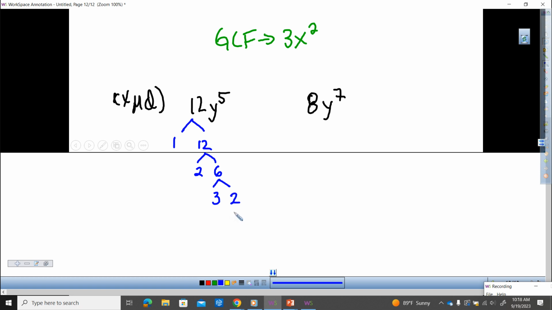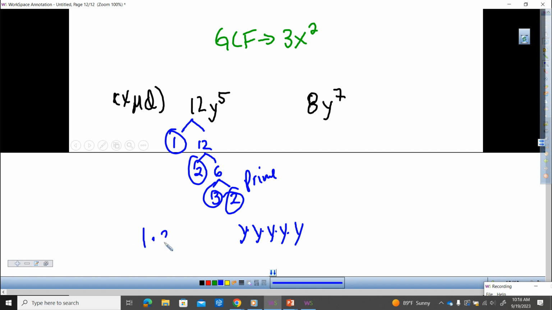And that's it. Is that correct? These are called prime numbers, so we stop right there. How do we write this one? Y, y, y, y, y. And I'm going to write this one, this one, this one, and this one, because these are known as prime. So I write 1 times 2 times 2 times 3.